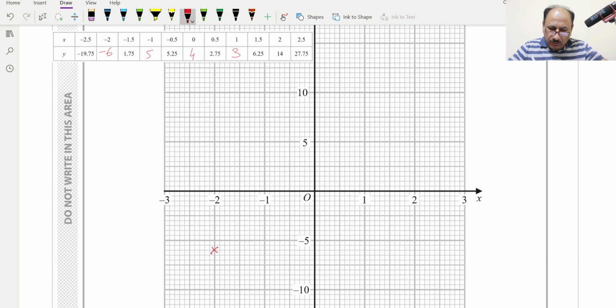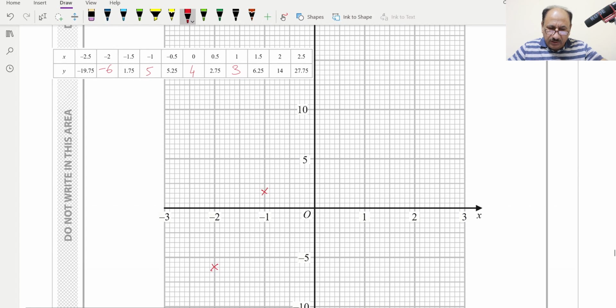So 1.75 will be over here, and next value is minus 0.5 and 5.25. So 5.25 will be over here, and then it comes 0 and 4. So 0 and 4 will be this point, and next is 0.5 and 2.5.